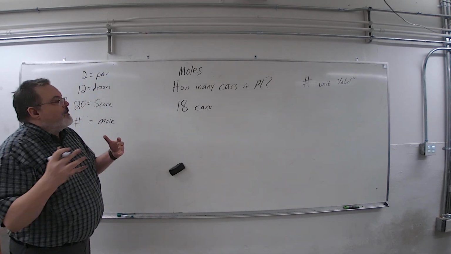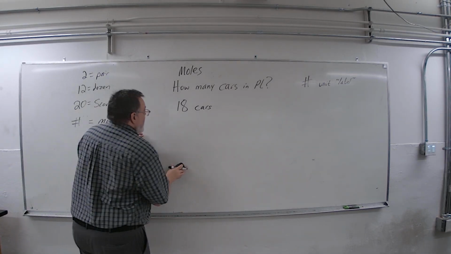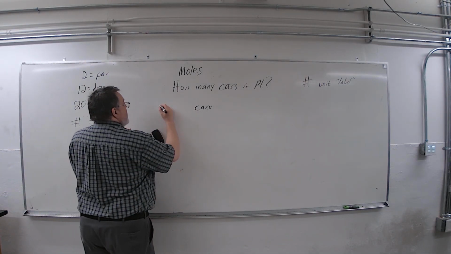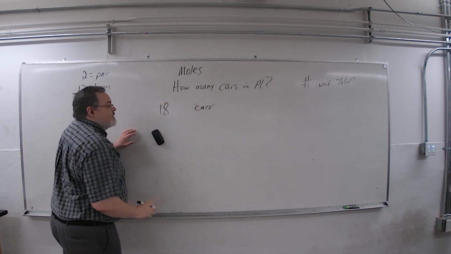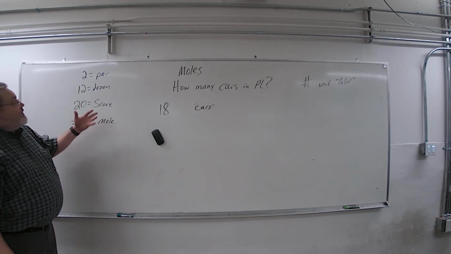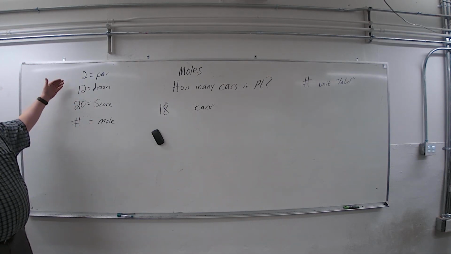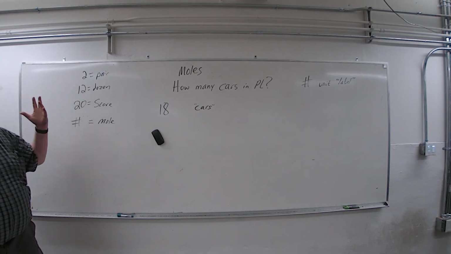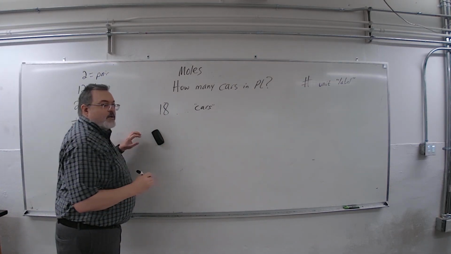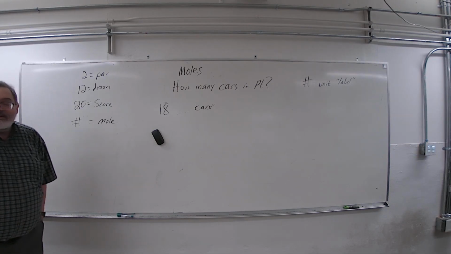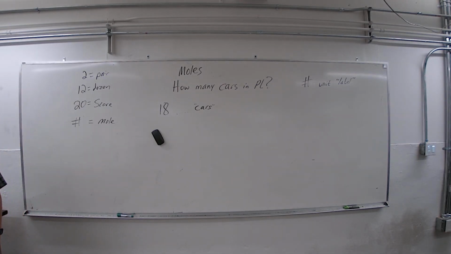So if you came back and you were being proper, you'd say numerical value 18, and there's your label, cars. Since I didn't give you any unit to work with, you'd just say 18 cars, and notice there's no unit. Those counting numbers that you've been using since you were in first grade, there's no unit.